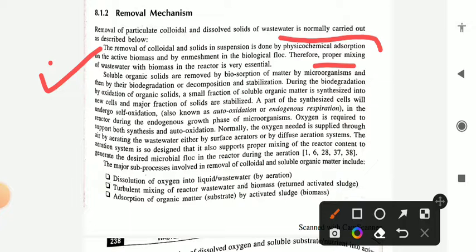During biodegradation, the materials can be oxidized, or a small fraction of the soluble organic matter can be synthesized into new cells, while a major fraction of solids can be stabilized later on. A part of the synthesized cells will undergo self oxidation, which is known as auto oxidation or endogenous respiration.